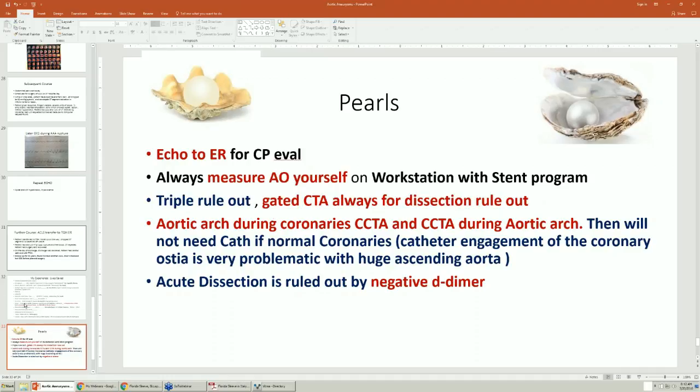It's extremely useful. Triple rule out is when we're ruling out pulmonary embolus, coronary artery disease, and dissecting aortic aneurysm. And you have to gate that because you're going to look at the coronaries and you can't have the heart motion. If you gate it to the EKG, then that'll take out the heart motion.